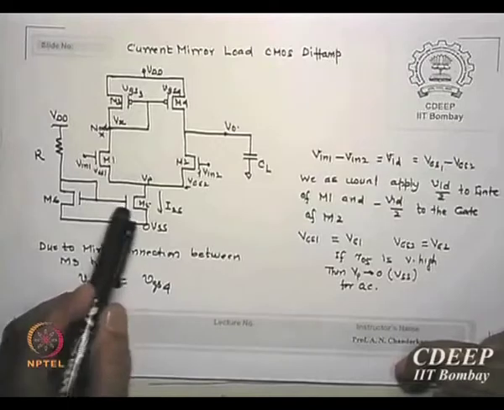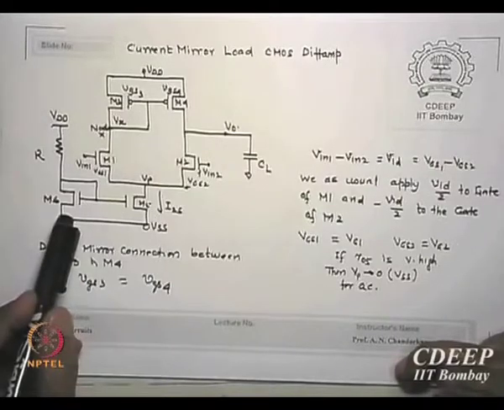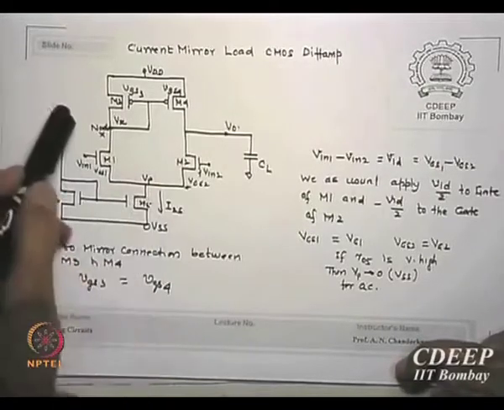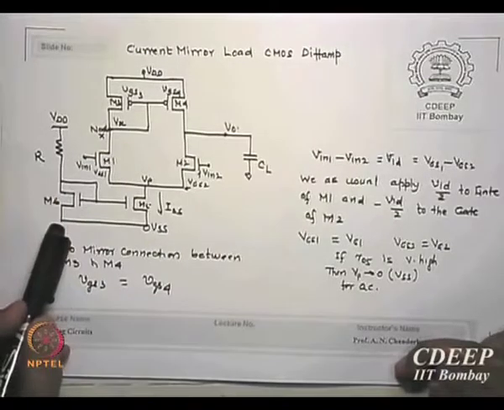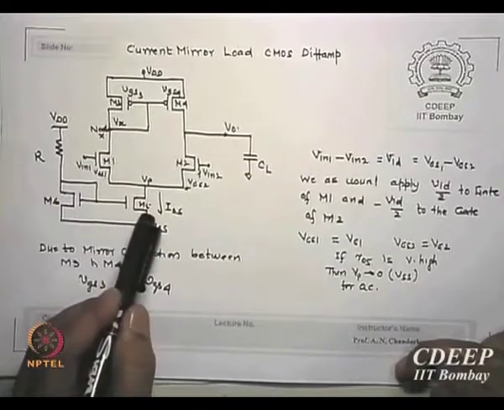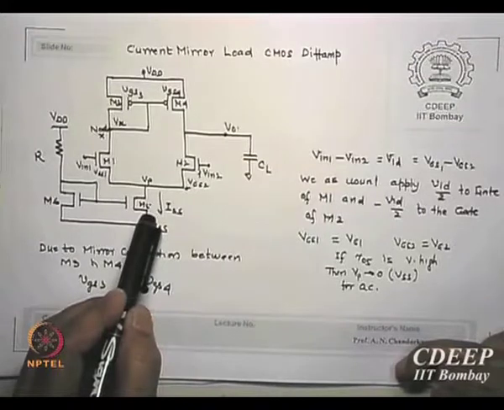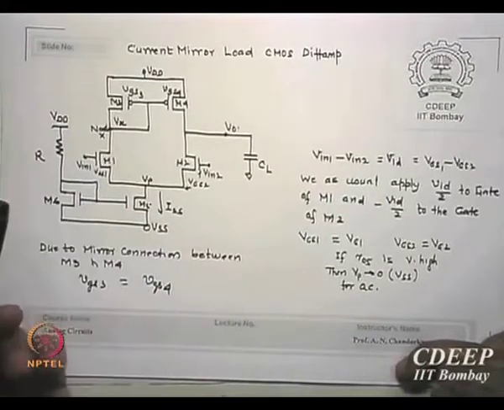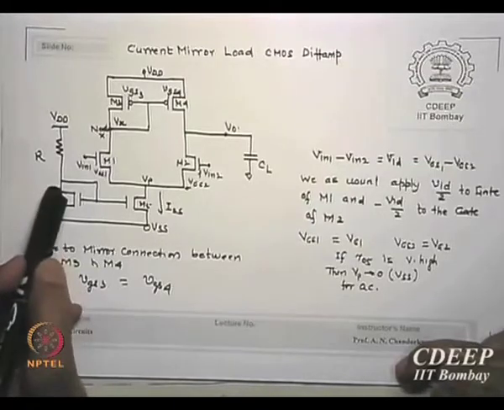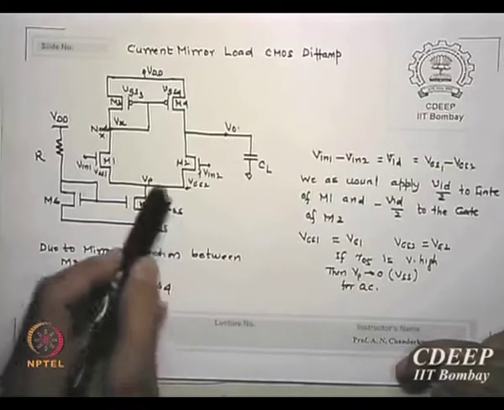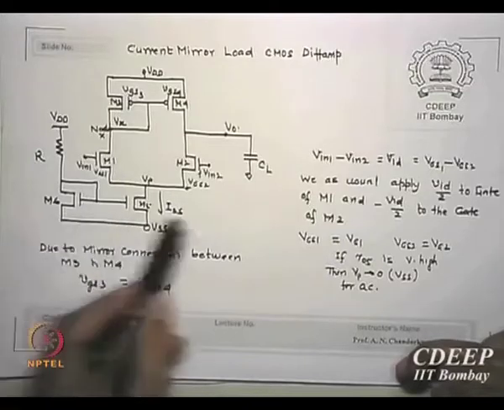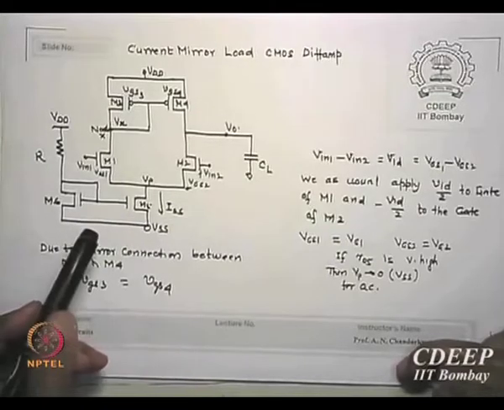Now I say, why do that? I may as well use a current source, a current mirror. So here is my current which I am creating, which I am now transferring to M5. Now what I can do as a trick, I can use a different size here and a different size here, and I can adjust this value by the ratio of these two.